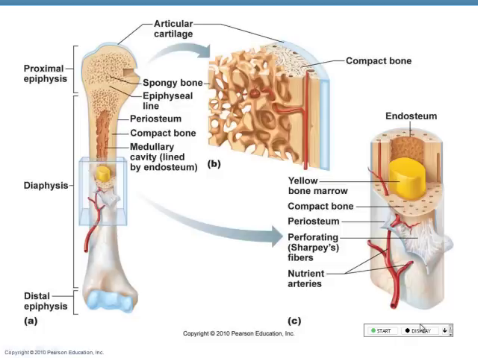So the membranes are going to hold nutrient-bringing arteries in place. And when we look at bone in lab, we're going to see that it's not a solid thing. There's actually a bunch of holes in it. And what are the holes for? On the outside, little holes.